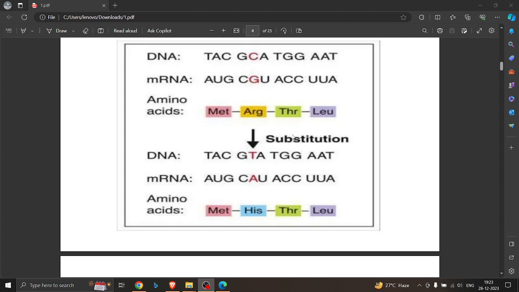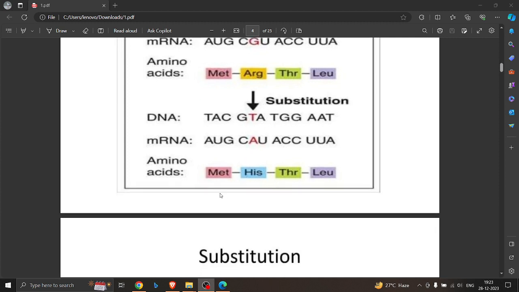When it undergoes substitution, in the DNA the starting elements have been substituted by this T. The mRNA also has been substituted here with adenine. The amino acids also show changes.